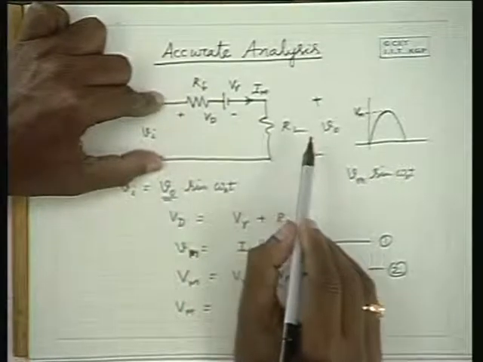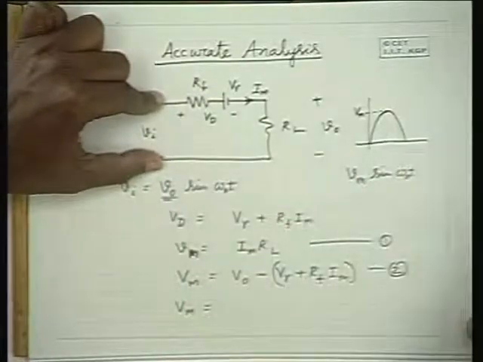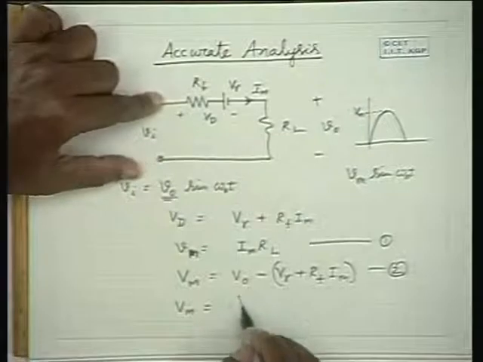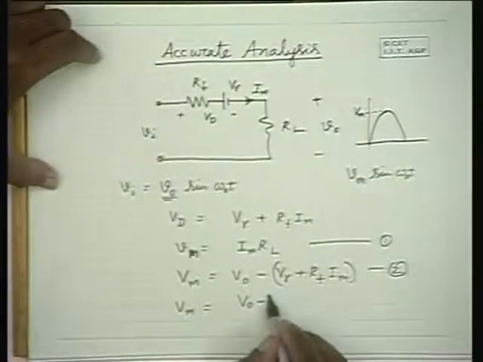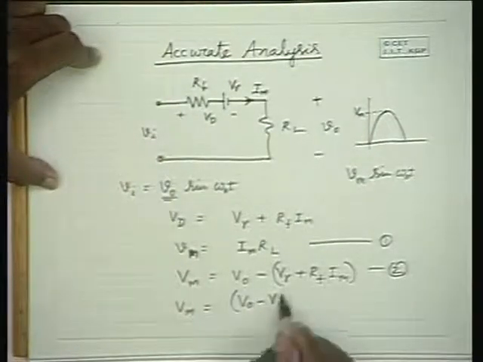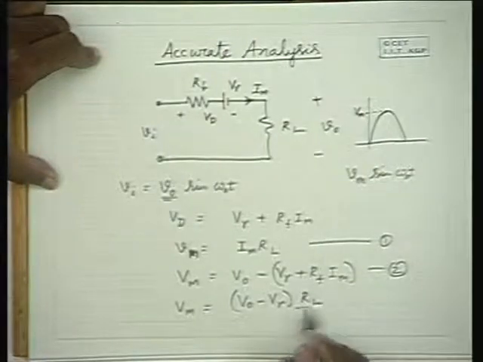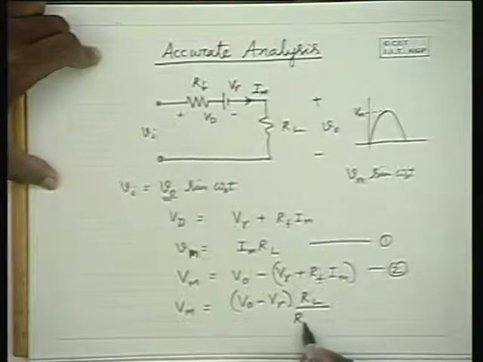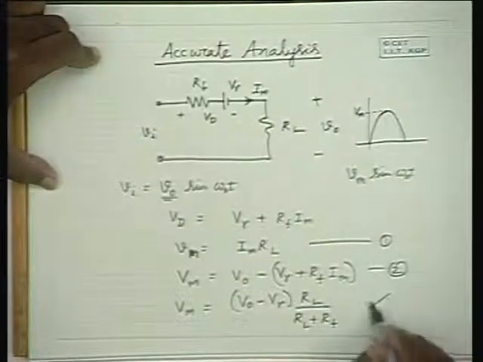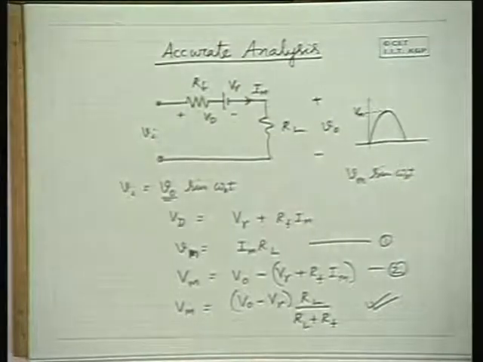Whatever appears across RL is Vm. So V0 minus V gamma is getting divided across RL and RF, and therefore the voltage across RL is RL upon RL plus RF times that. This is Vm, the peak value of the output voltage.